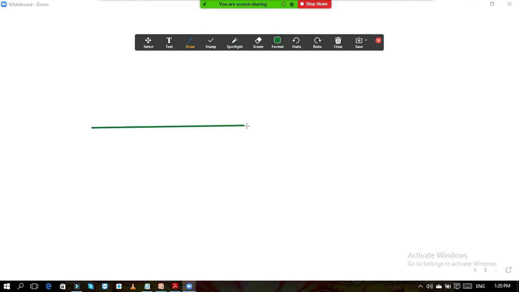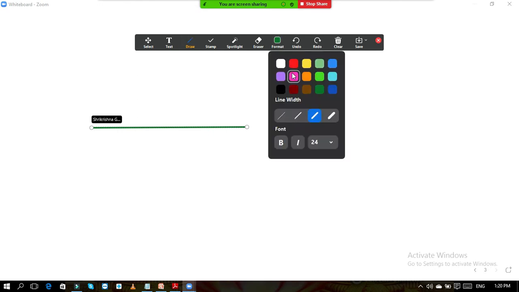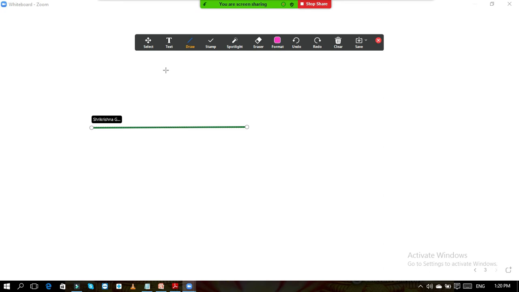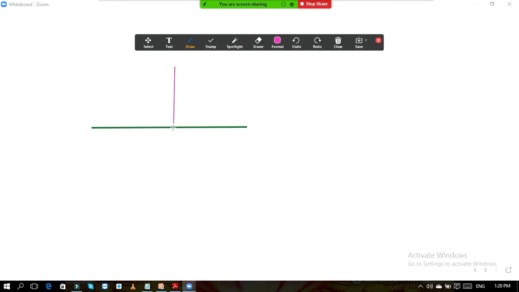Suppose this is the top surface of the column, and this is the axis of the column.